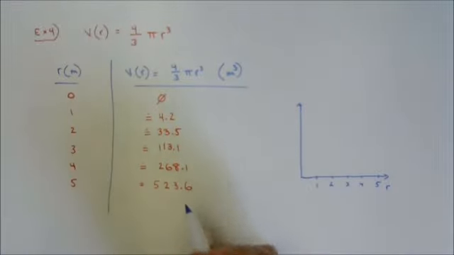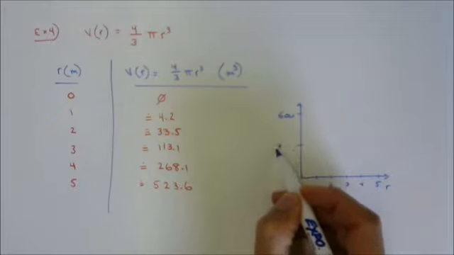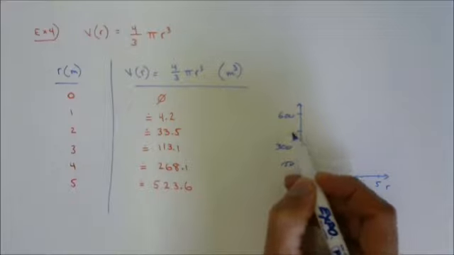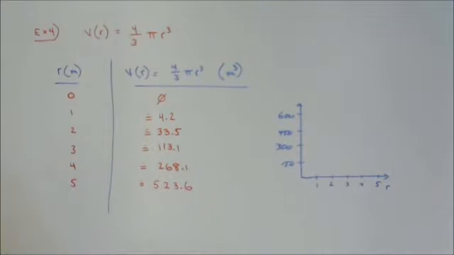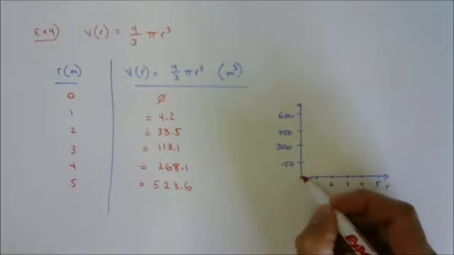Our biggest number is 523, so I'm going to go up to 600. Cut it in half, 300. Cut it in half, 150, 450. And plot my points. Plot our data. We've got 0, 0.